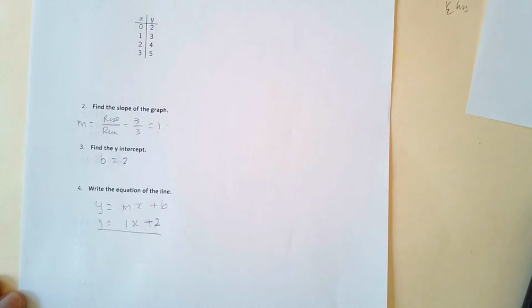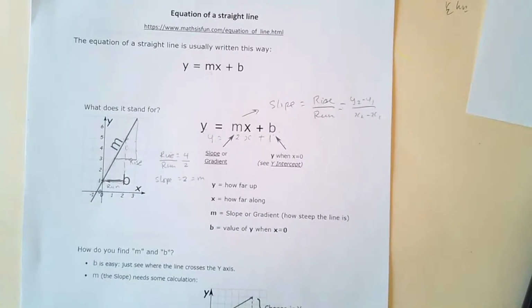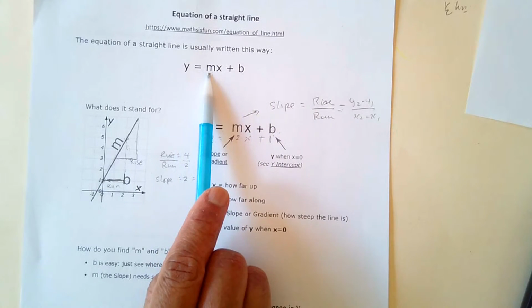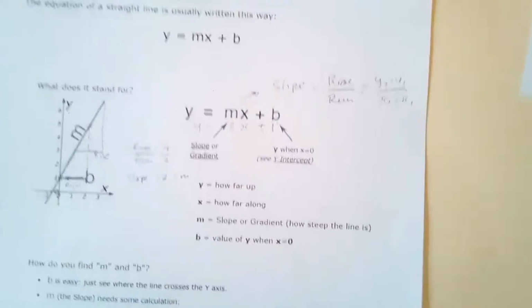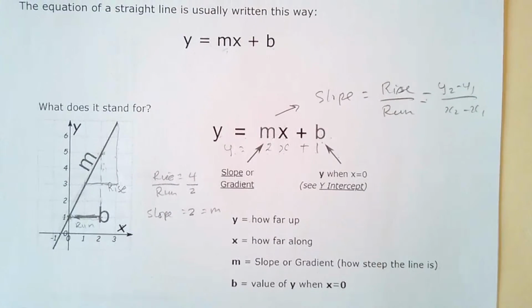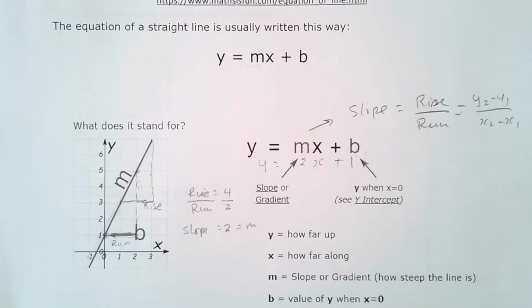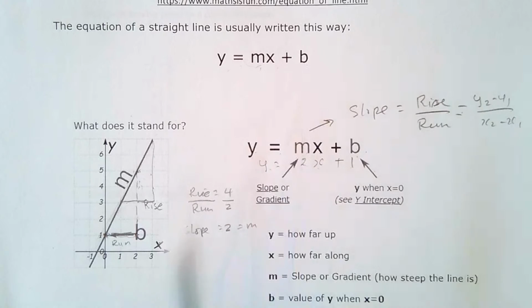So let's go back to review. Today, our goal, at least for this lesson, is to analyze the equation of a straight line. And we said that the equation of a straight line has this form: y equals mx plus b, where m is your slope and b is your y-intercept.